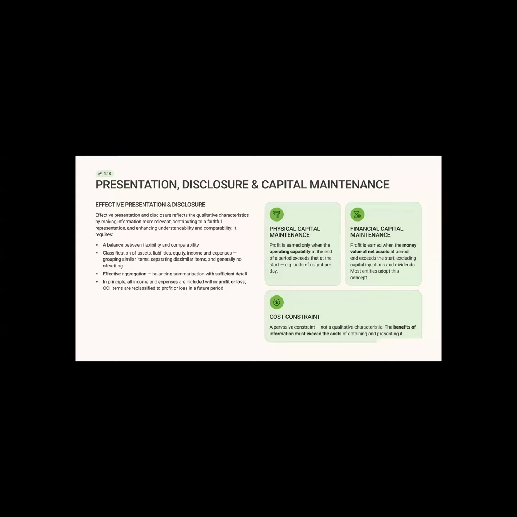And effective aggregation. Effective aggregation means what?